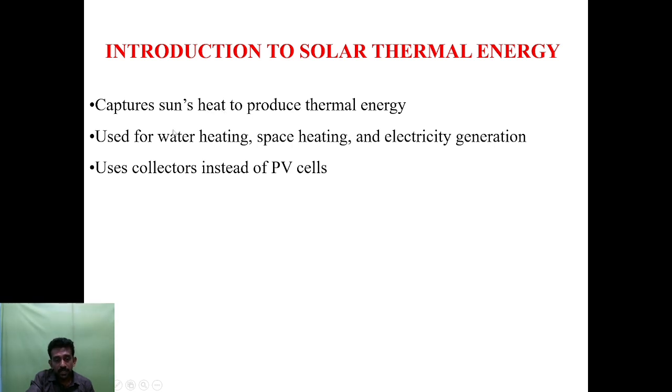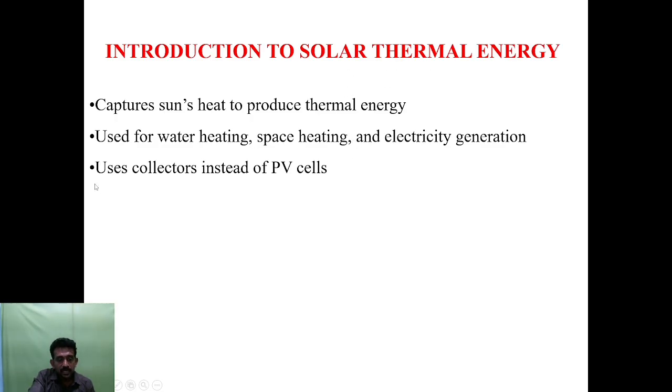In terms of heat, we can use it for heating water, heating a particular space, heating a particular medium. And in terms of electricity generation, steam is produced by this heat and the process steam is passed to the turbine for electricity generation. Majorly they use water heating and space heating as better applications of solar thermal energy.